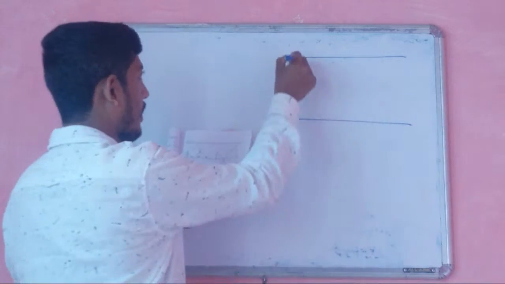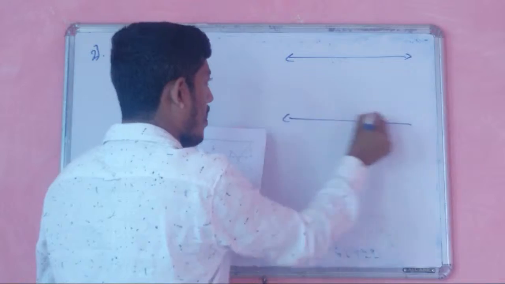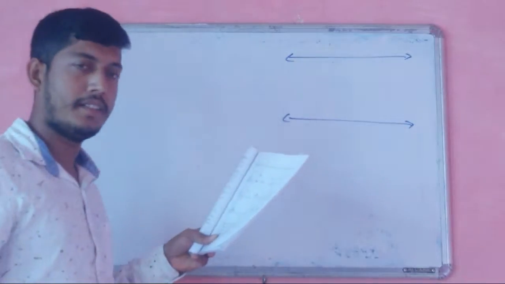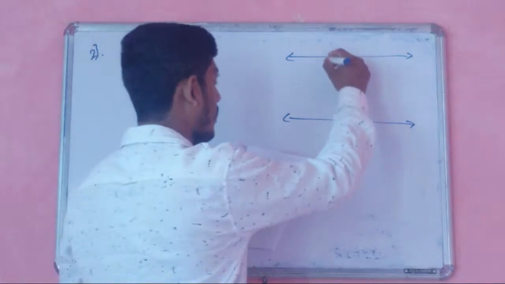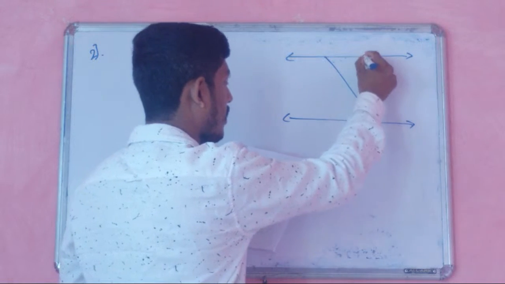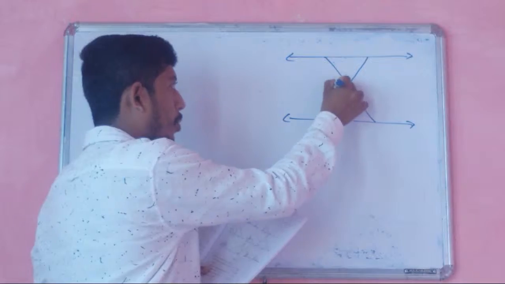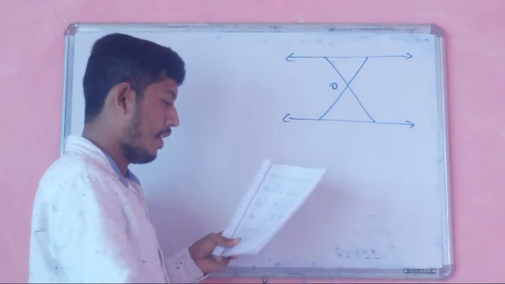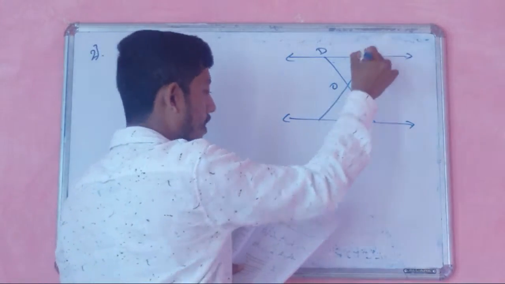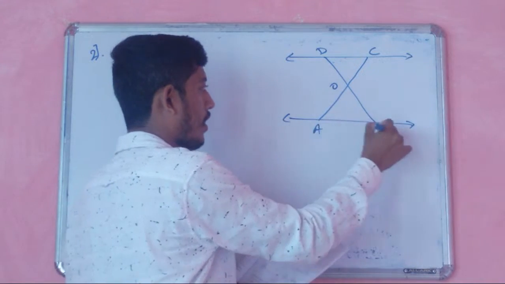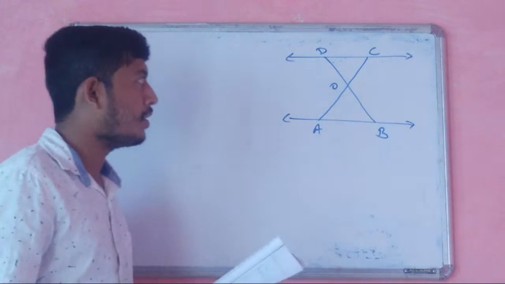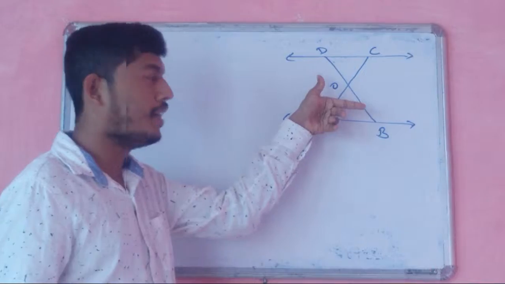These are the two parallel lines, and here the point of intersection is O. DC, AB. AC is one line and BD is another line.